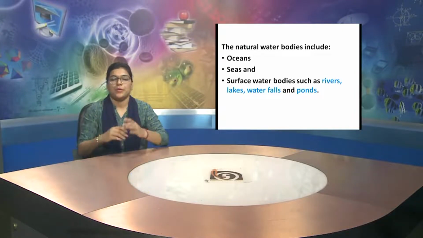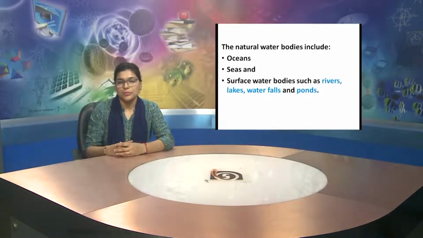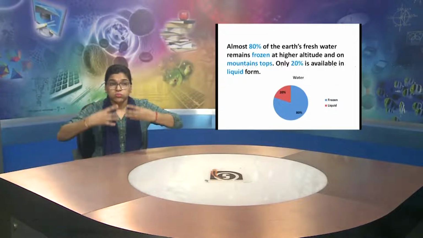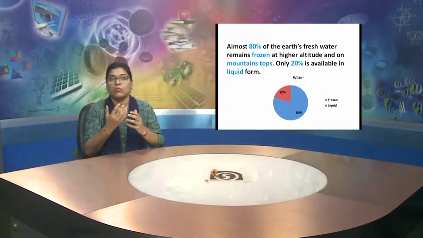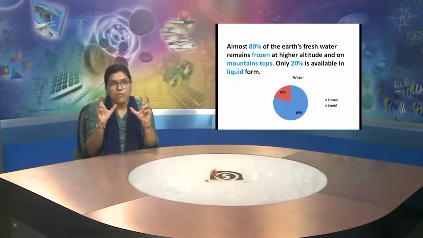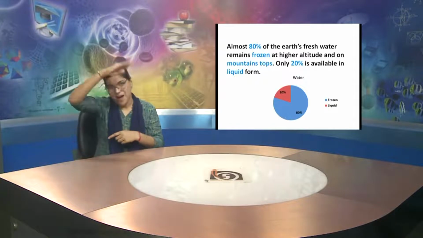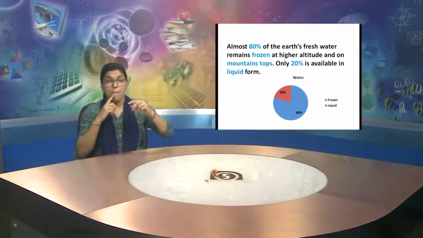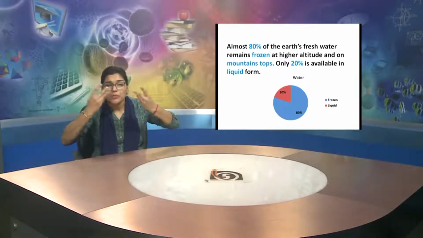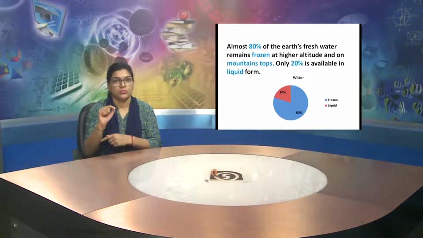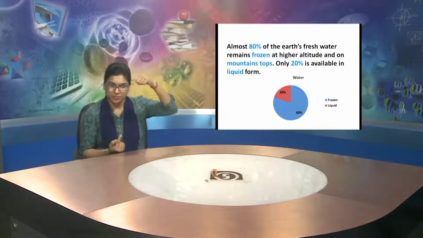So seas and oceans are not the only water bodies. Almost 80% of the Earth's fresh water remains frozen on the two poles, the North Pole and the South Pole of the Earth.